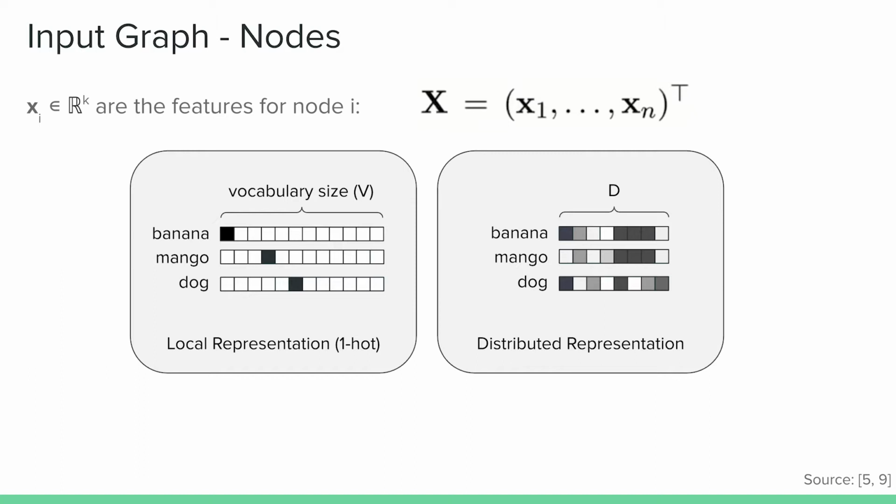For example, banana is the first one, mango the fourth one, etc. The problem here is that there is no relationship between a banana and a mango. So if you compare them in this v-dimensional space, banana and mango wouldn't share any features.